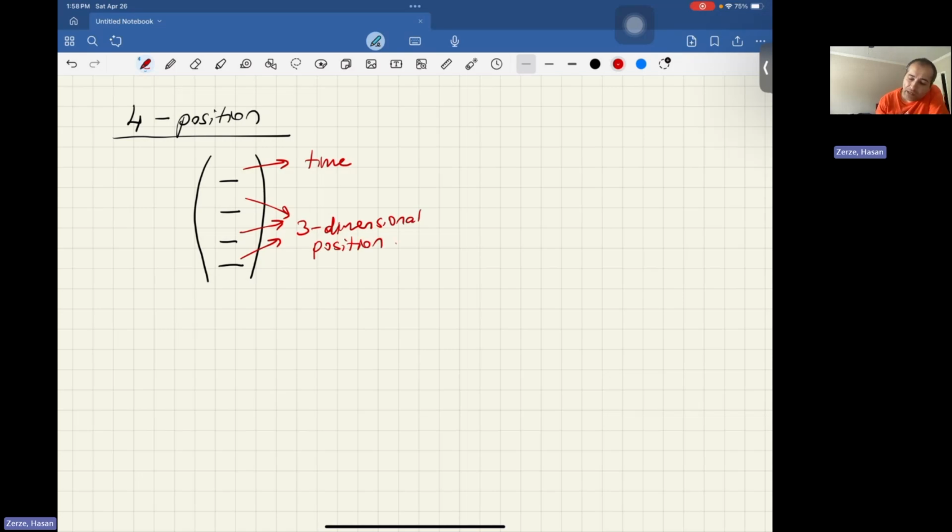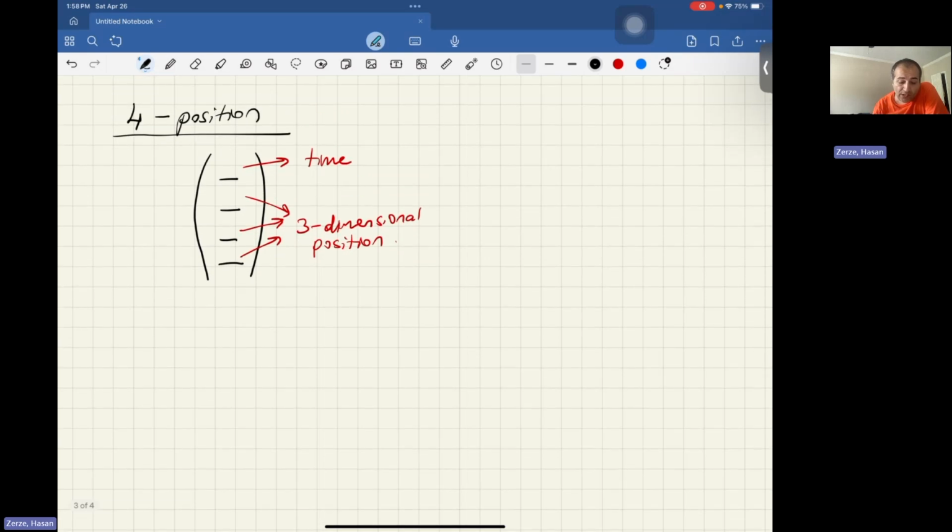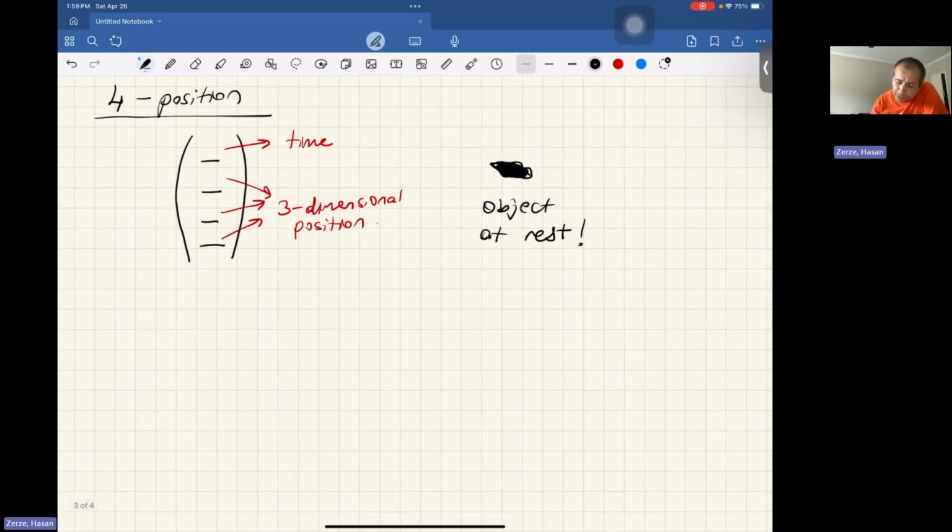I think it's best to start with what the four-position is for an object at rest, any object like a stone or a book. An object at rest will take the simplest form of the four-position.